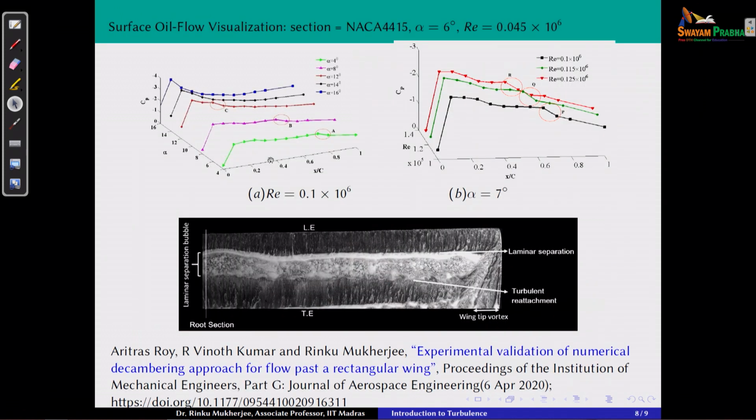Okay. All right. So there is some interesting work going on in my group now. This is something we were working on: the flow across an airplane wing. We were doing an oil flow visualization, trying to see what's going on here.